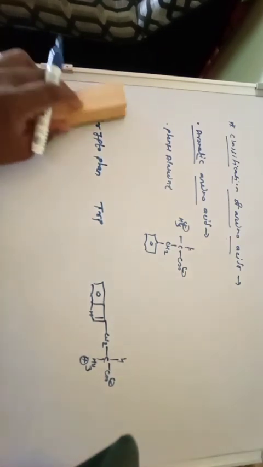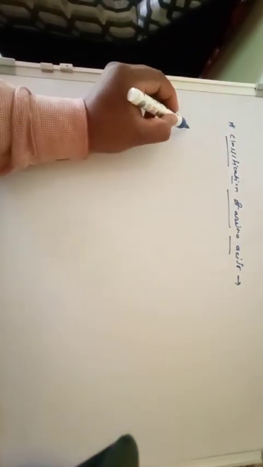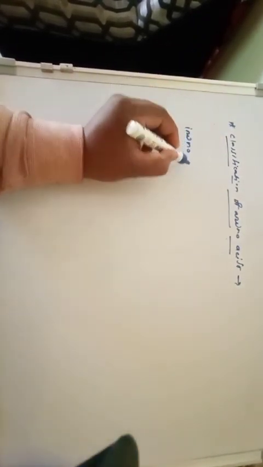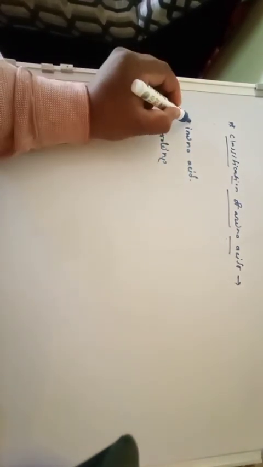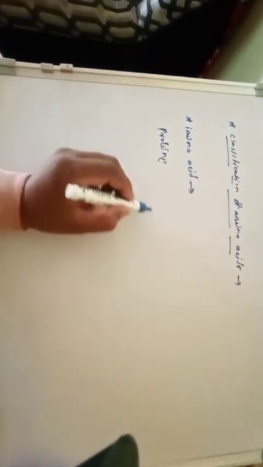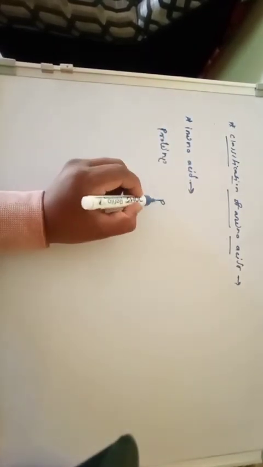And one more amino acid is there. Let's discuss this amino acid. It is different from all other amino acids. It is called proline. Its symbol is PRO.